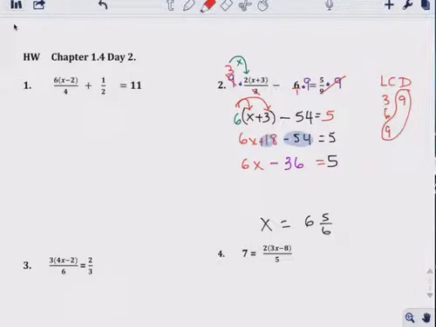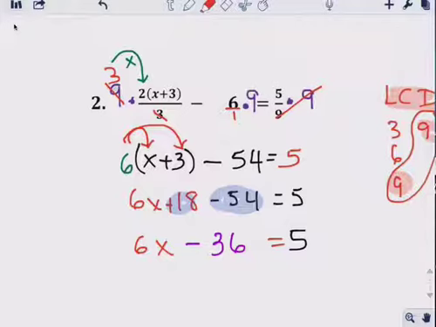Period 2, on number 2 on the back, noticed that the least common denominator was 9, and we multiply 9 to both sides, to every term, there's 3 terms.